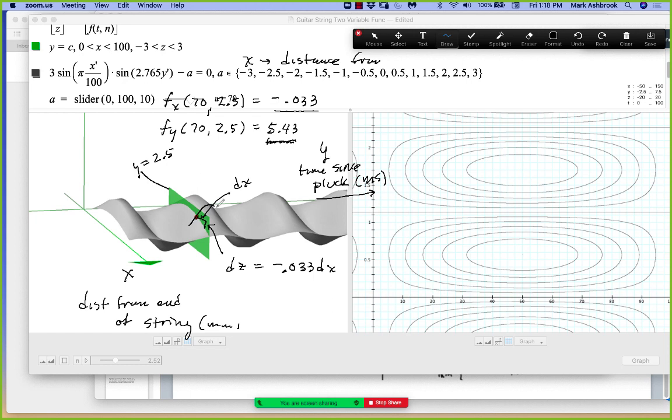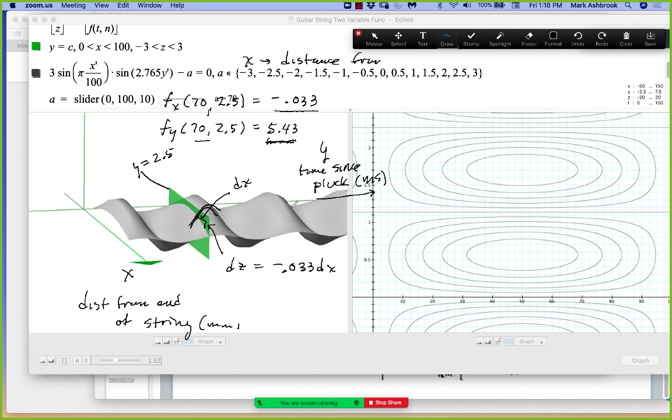That would be holding x constant at 70, and you'd have this trace on the surface. As you go in the y direction, z goes up. Positive rate of change means z goes up when you hold x constant. But when you hold y constant, z goes down, according to that green trace there. That's why we have a negative rate of change.